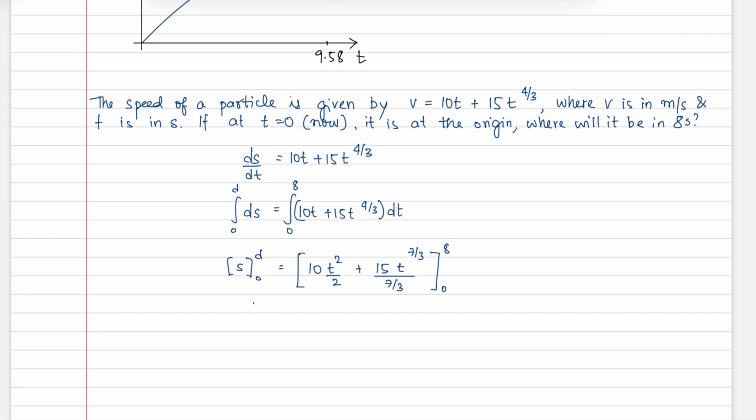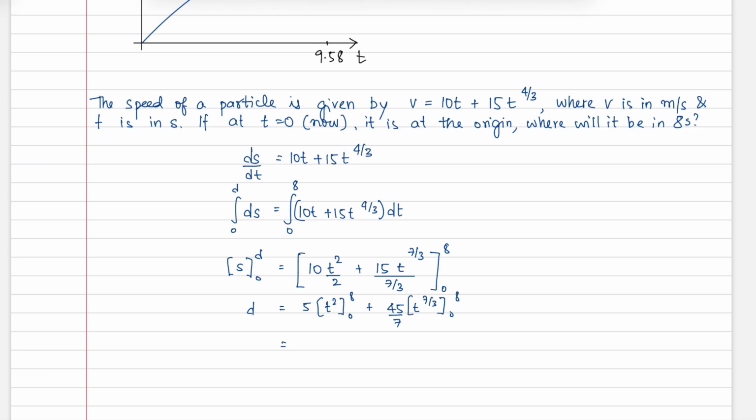So on the left, you have the distance d is equal to 5t squared going from 0 to 8 plus 15 times 3, that is 45/7, times t raised to 7/3 going from 0 to 8.